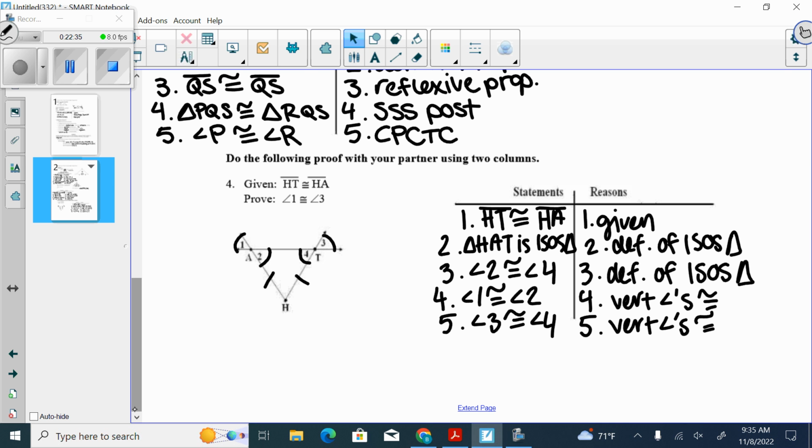Okay, so if 2 and 4 were congruent, and now I know that 1 and 2 and 3 and 4 are congruent, can I draw the conclusion that 1 and 3 would be congruent? So I can say angle 1 is congruent to angle 3 by what property? Transitive. What is the transitive property? Specific order.